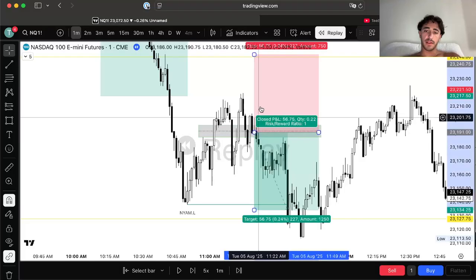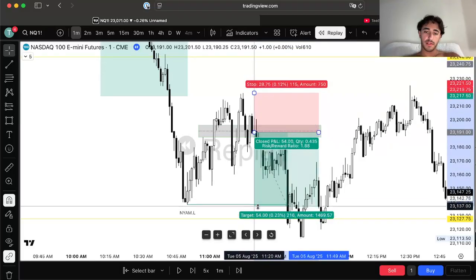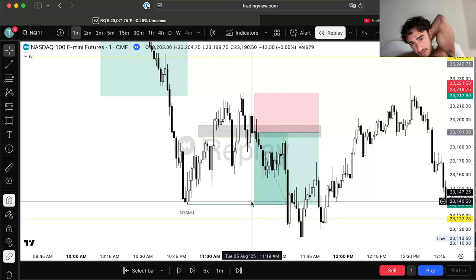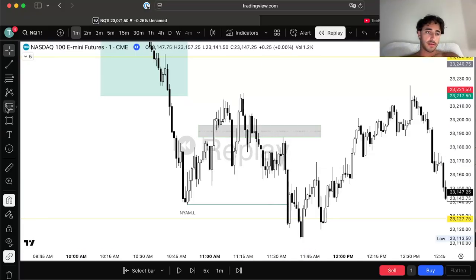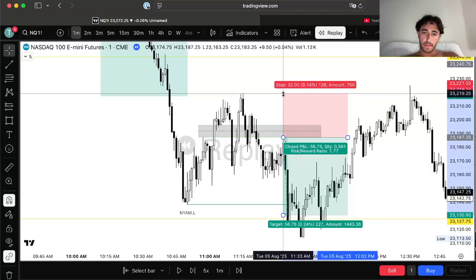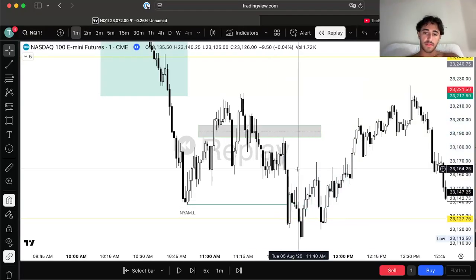So I would have been like this. This was a fire trade too. Stop above this high. Target these lows. Solid trade. Or if you didn't want to take it there, you could have taken it on the retest of this 1-minute gap. Right? Basically same trade. Fire trade too.